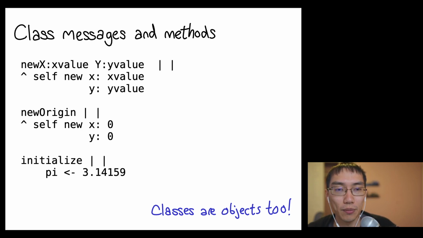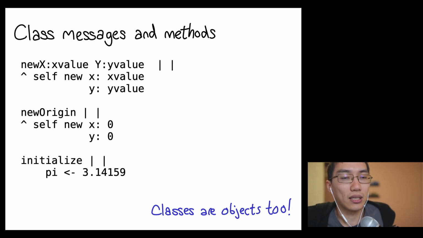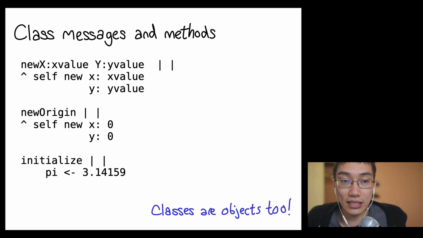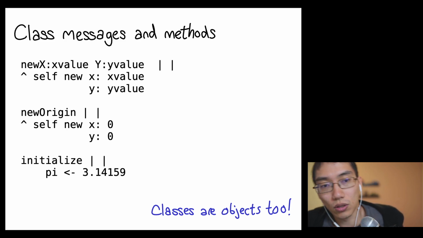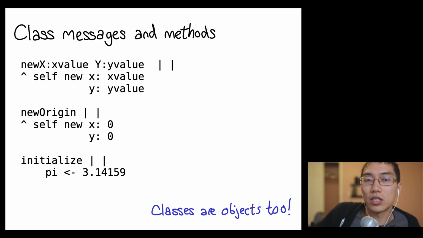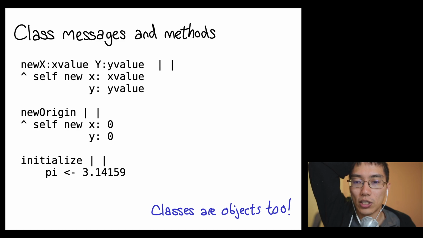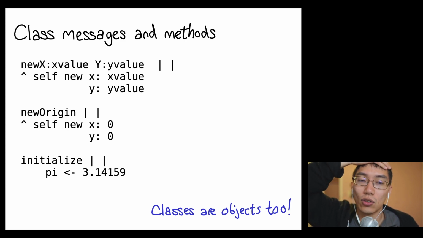For example, here we have a method new xy, and what do we think that does? Well, it takes the object and creates a new one. So let's step through this, right? Self new. Self refers to the object in question, which is the class object, and new is a selector.